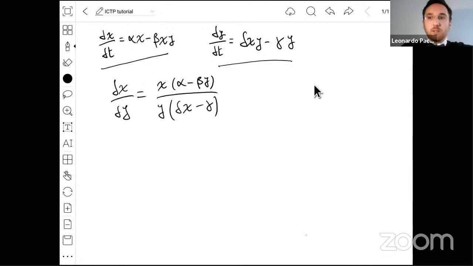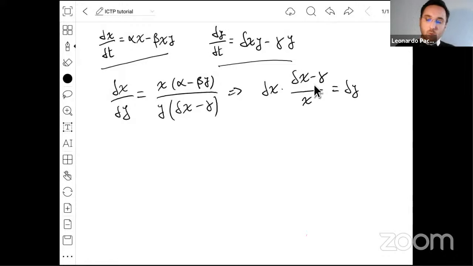So now that we have written this, we can separate the variables. So I bring on one side everything that depends on x, and on the other everything that depends on y. So you see that we can write dx times (delta x minus gamma) over x equal to dy times (alpha minus beta y) over y.